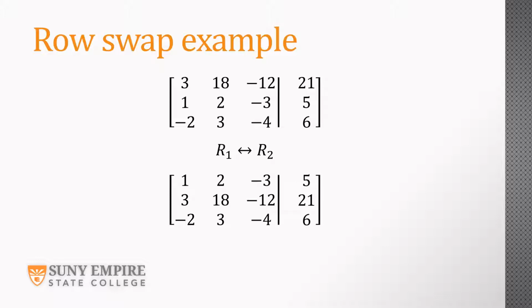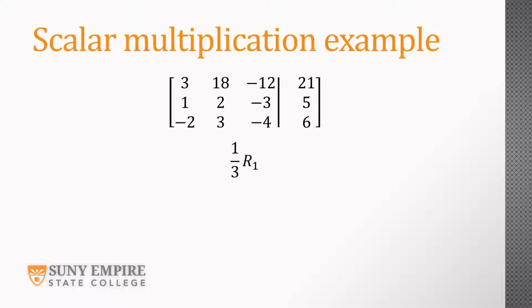Our new matrix will be 1, 2, negative 3, and 5, then 3, 18, negative 12, and 21, then negative 2, 3, negative 4, and 6. Note that row 3 stays exactly the same.